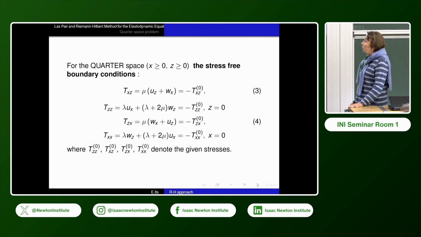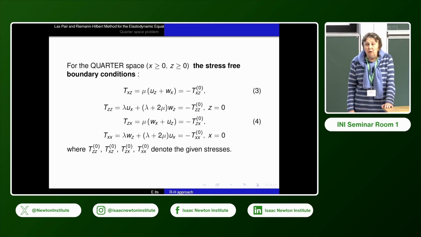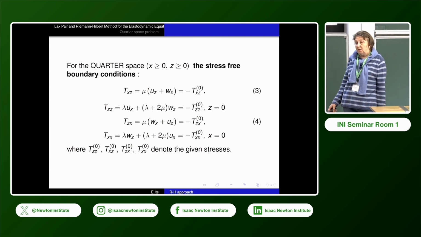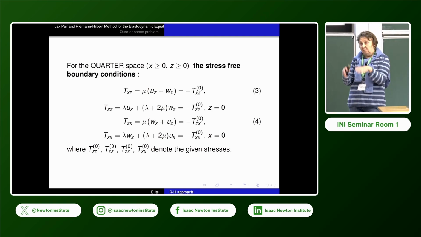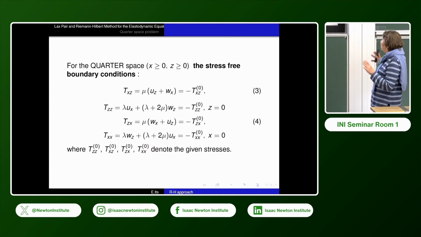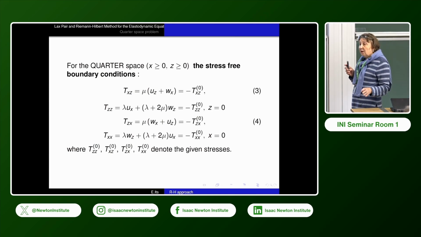We are solving this equation in a quarter space: X is positive, Z is positive, Z is pointing up, with stress-free boundary conditions.